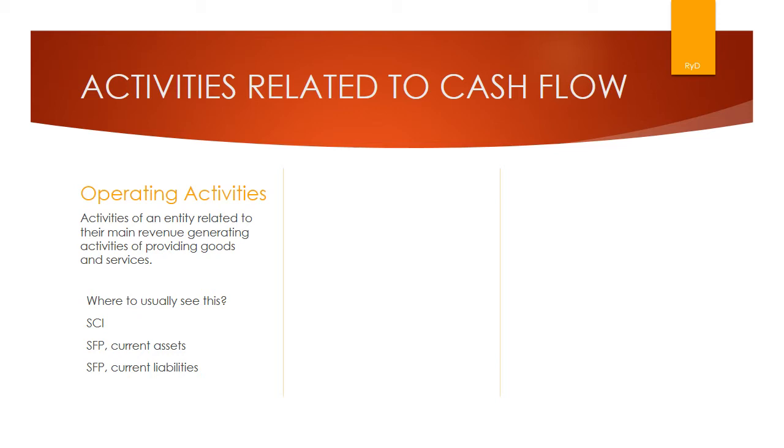And then, asa pa sa atong statement of financial position, ang current assets class. Current assets lang ni class ha, and then also our current liabilities. Kay mao man ni sila ang related nga mga accounts sa atong pag-operate sa business.